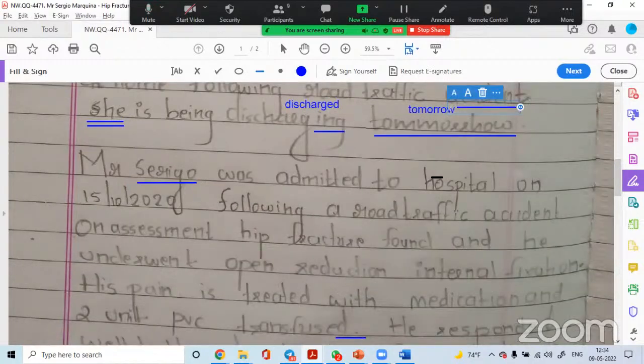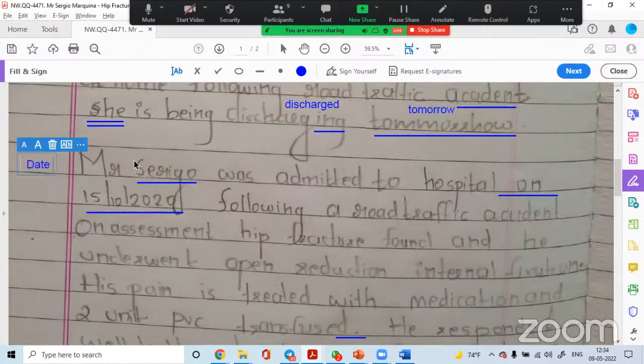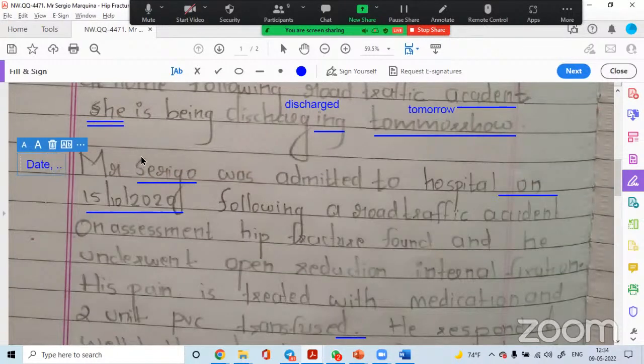The next one: was admitted to hospital on 15. Whenever you get the date in the first sentence, write it in the beginning. So let us write the date first. This is called the setting. Date first, then you write the remaining things. On 15/10/2020, this is the setting. So you can write on 15th December. Be careful, don't write in this style.